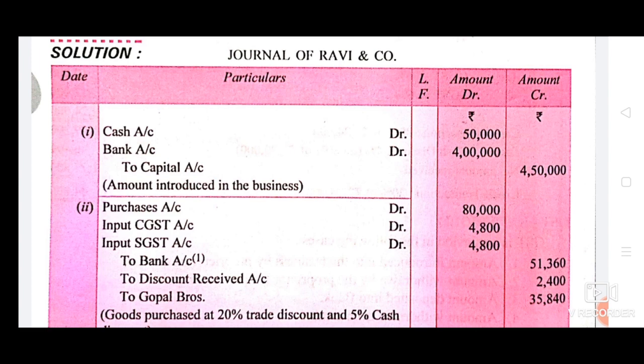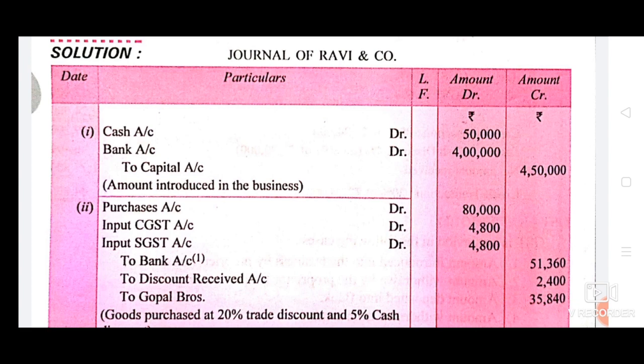Now next entry. Bought goods of the list price of rupees 1 lakh from Gopal Brothers at 20% trade discount, 5% cash discount and 60% amount was paid immediately. We have already seen the working made by us. So see the working.